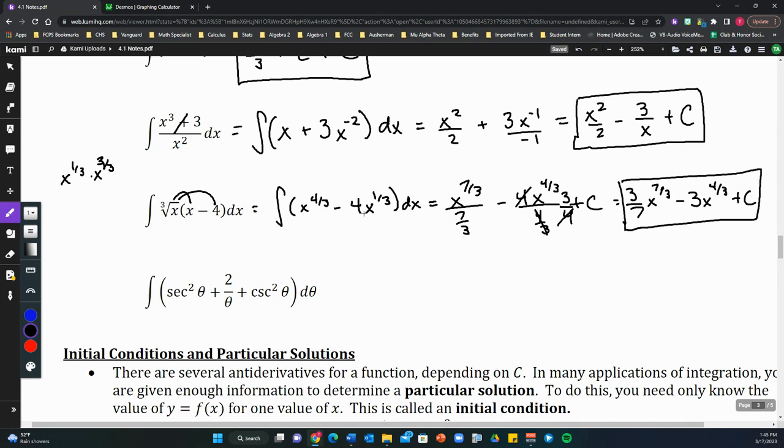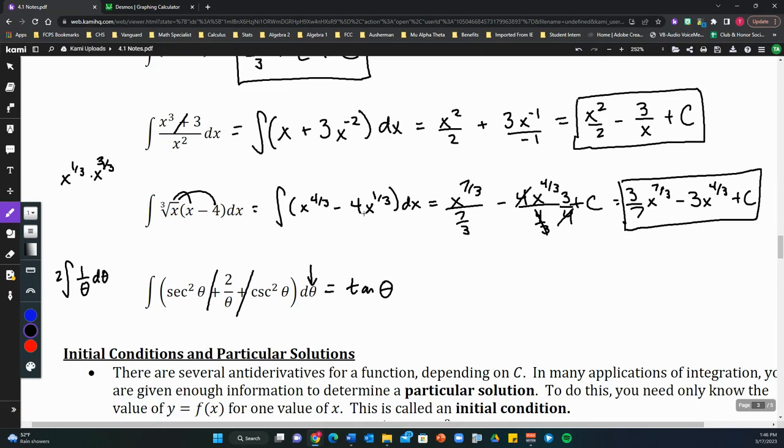All right, and our very last one. So secant squared, again, we have multiple terms, so we're going to take the antiderivative of each. Secant squared, that is the derivative of tangent. So this just goes back to being tangent of theta. Notice a different input variable. All of these are using that same thing, so we treat it like normal. 2 over theta, though, that would be like pulling the 2 out, and we end up with 1 over theta d theta.